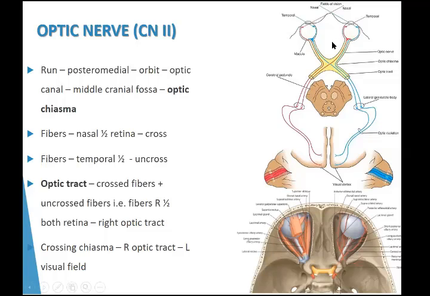The fibers arising from the nasal part of the retina, they cross each other. ठीक है, ये देख लीजिए, जो nasal part of the retina से fibers arise कर रहे हैं, they cross each other. लेकिन जो lateral या temporal part से fibers arise कर रहे हैं, ये देखिए, they remain uncrossed. यहाँ पे भी देखिए, the fibers arising from the temporal half of this retina, they remain uncrossed. ठीक है.